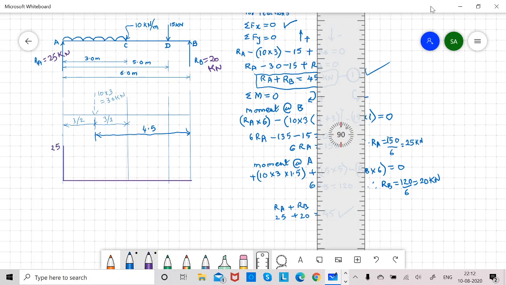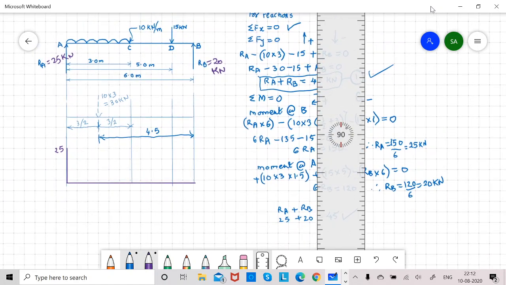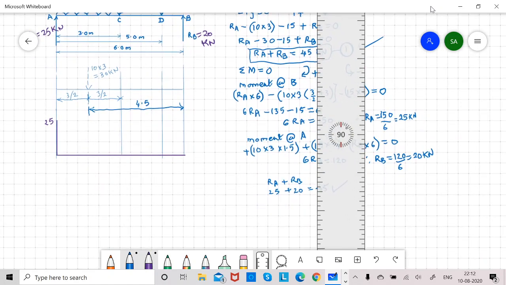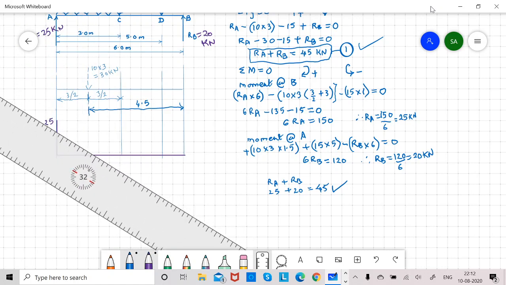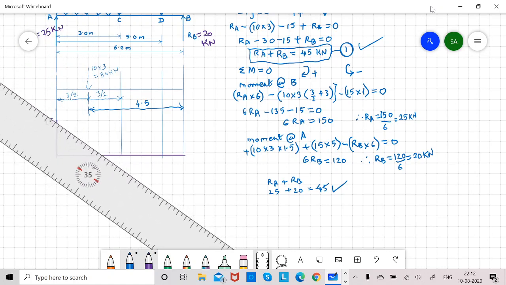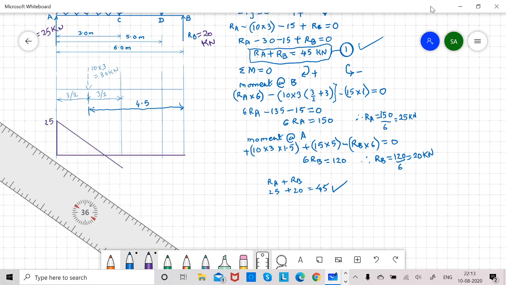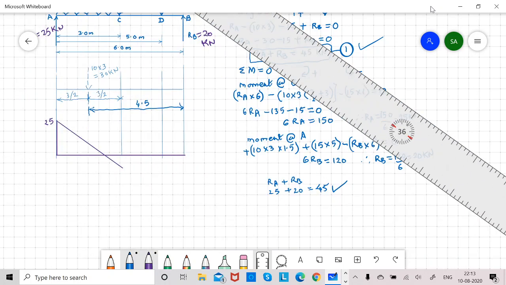Then from A to C, there is a gradual drop of 10 kilonewton per meter. So for a 3-meter length, there is a gradual drop of 30 kilonewton. So 25 minus 30, so here I get minus 5. So below the baseline, consider my 5. That is minus, therefore it is below the baseline.